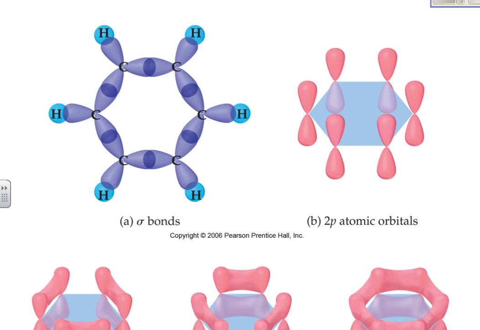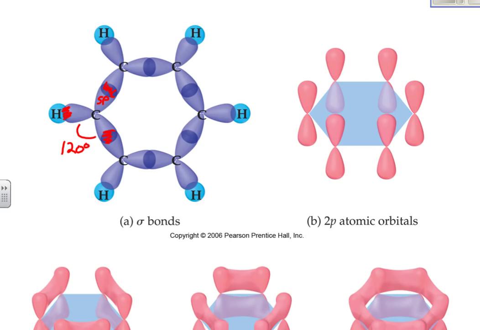So here we have our 6-membered ring, and you can see that around each carbon we've got our sp2 hybrid orbitals overlapping with the hydrogens to make one bond, and overlapping with the adjacent carbons, forming those sigma bonds all around. And of course, that angle here would be 120 degrees, as it's an sp2 hybrid orbital.